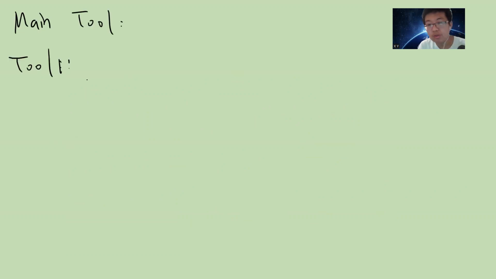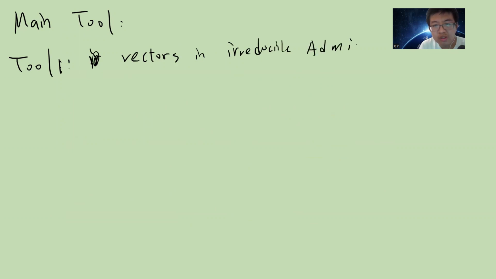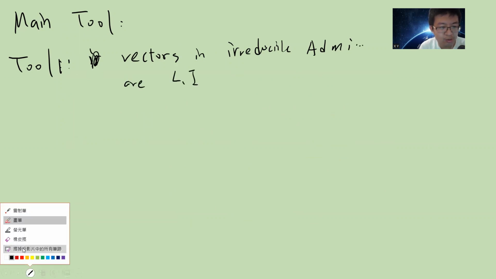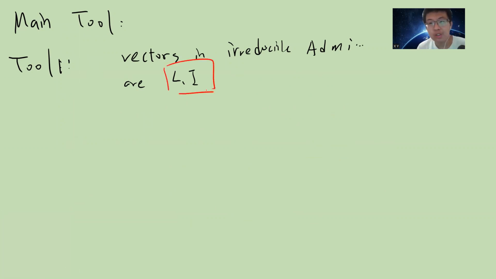So tool 1 is a very trivial fact: vectors in an irreducible admissible configuration are linearly independent. So basically, our first tool is that all the vectors, the roots in these simple roots, must be linearly independent.